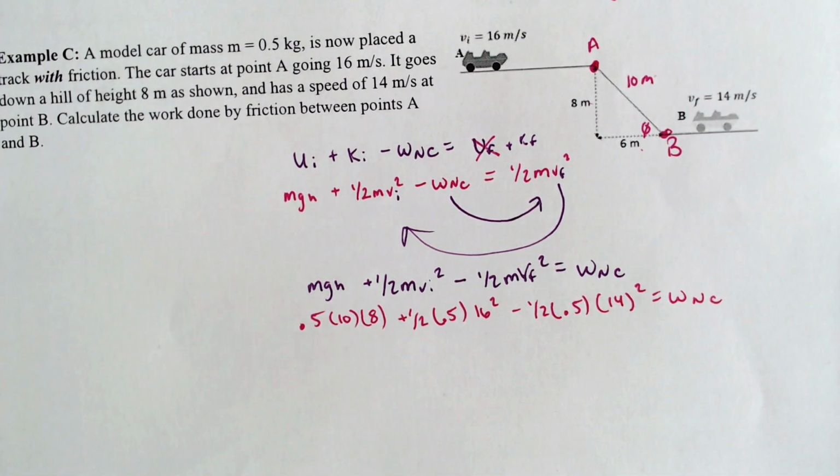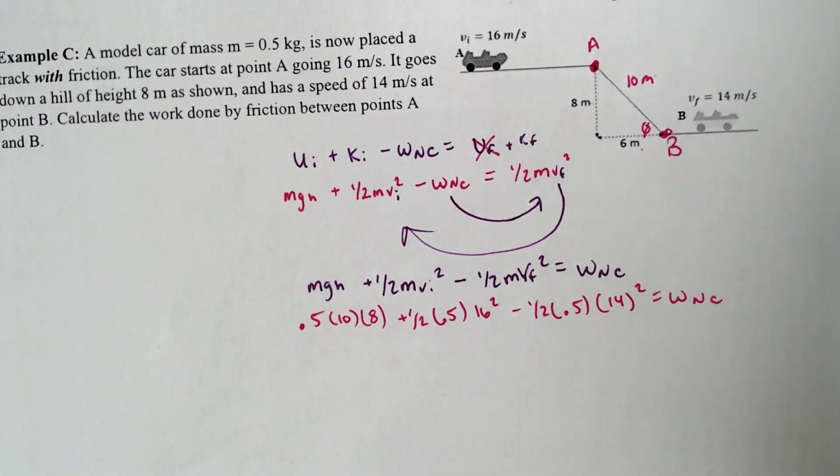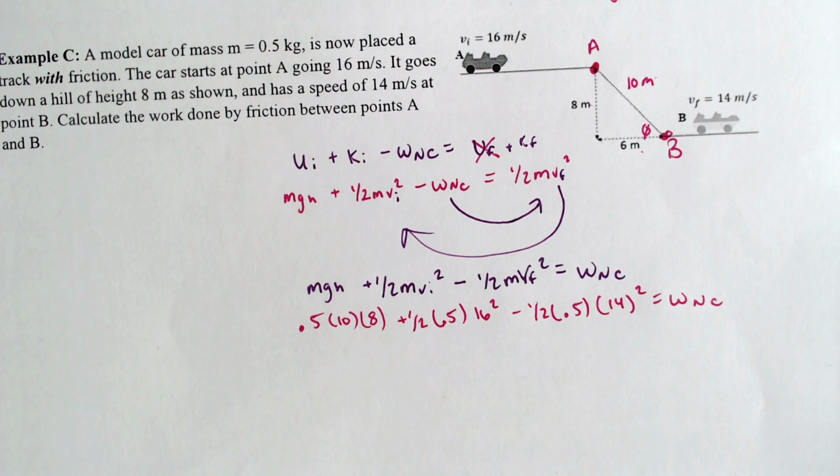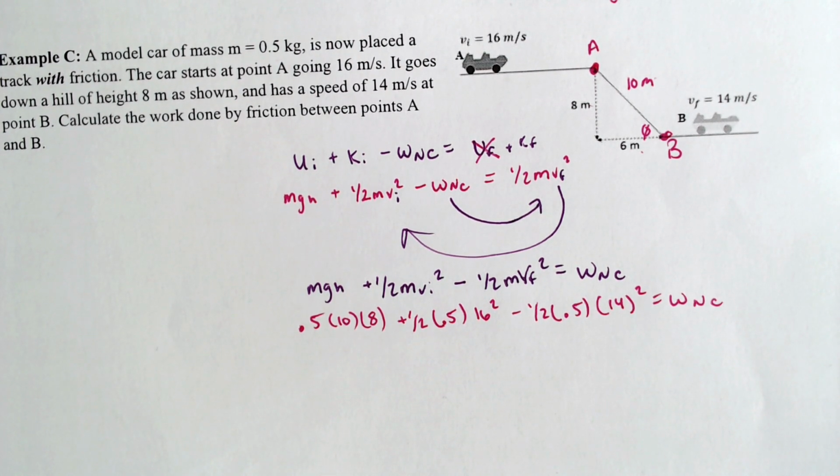I am being lazy and not writing in the units. I apologize in advance. If you do that, you get 0.5 times 10 times 8 plus 0.5 times 0.5 times 16 squared minus 0.5 times 0.5 times 14 squared.